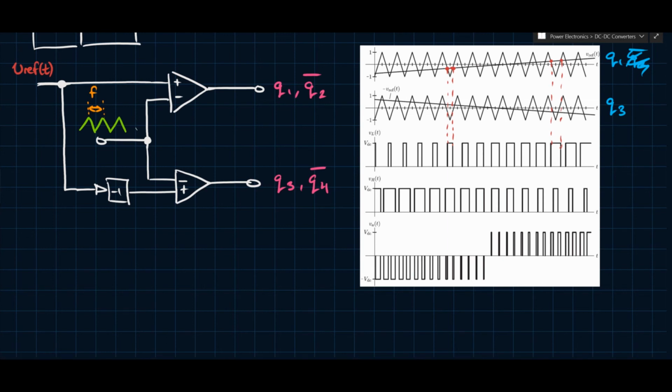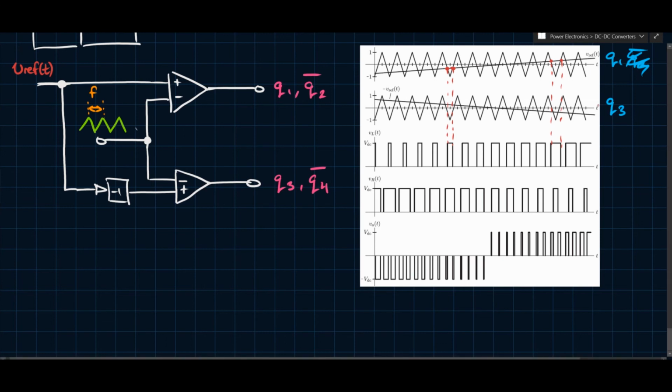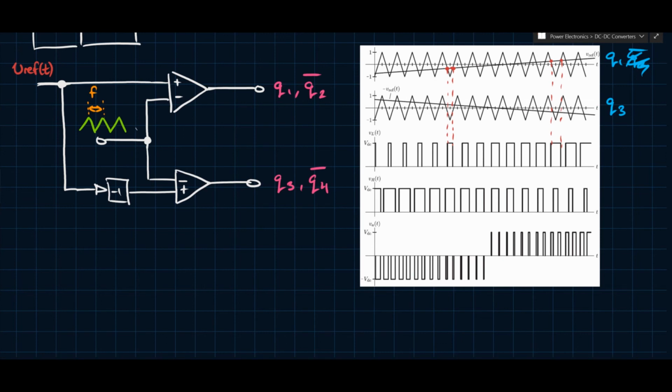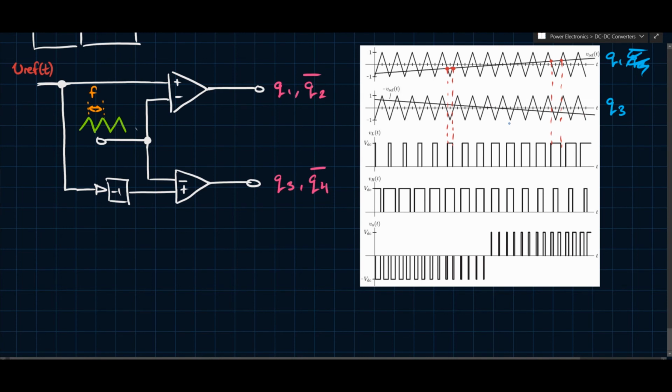Now on the other side, it's whenever the negative of the reference is less than the triangle. The negative of the reference is already drawn, which is convenient. Now we have to see where the triangle is less than it. During this time it's less than here, so we expect to see a pulse there.